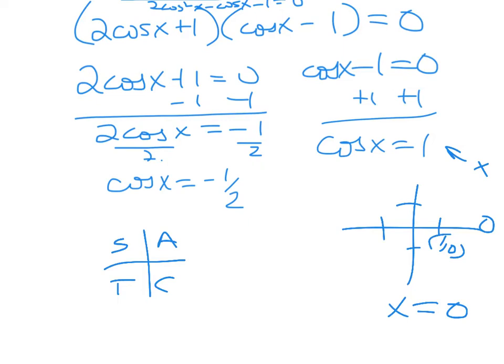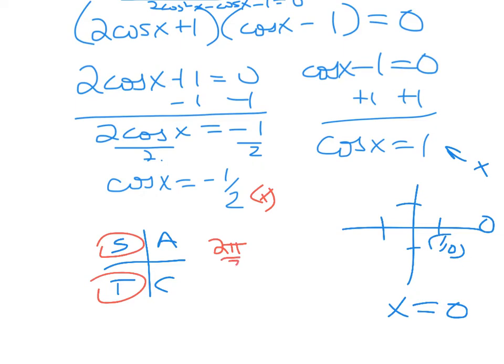For this one, I need to find out where cosine's negative, and that's going to be quadrants here and here. And I'm looking for an x that's going to be negative half, or I can do the triangle and figure out the reference angle. The reference angle is actually 60. So I'm looking for the denominators of 3.